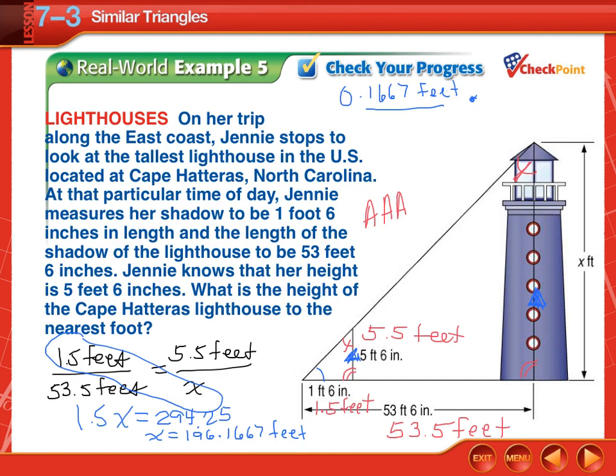We know feet is up on top, and we want inches on top, so we want to cancel the feet. 1 foot is the same thing as 12 inches. These two cancel, and this comes out to be about 2 inches. So if everything is proportional, then x would be approximately 196 feet and 2 inches.